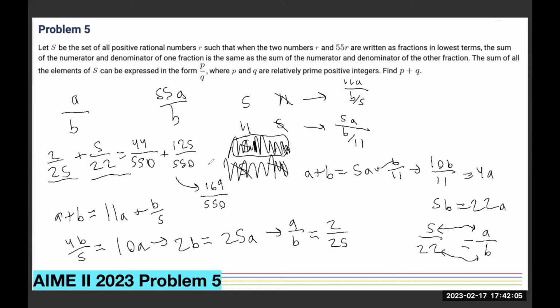And we can check that these are two relatively prime positive integers. That means our answer is 169 plus 550, which is 719. Yep. All right.